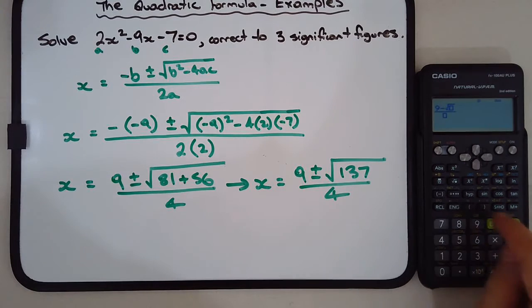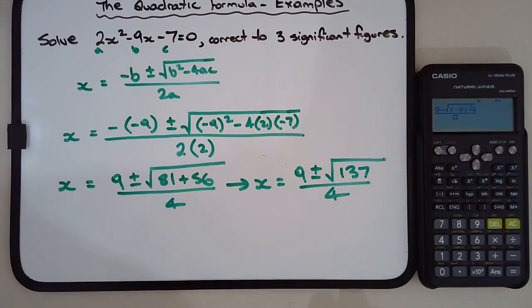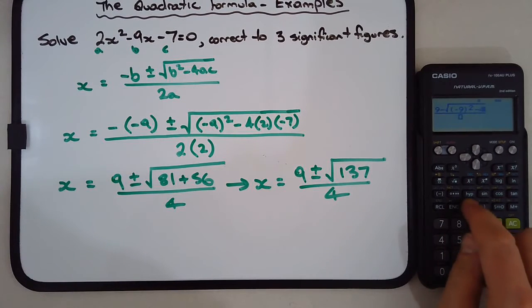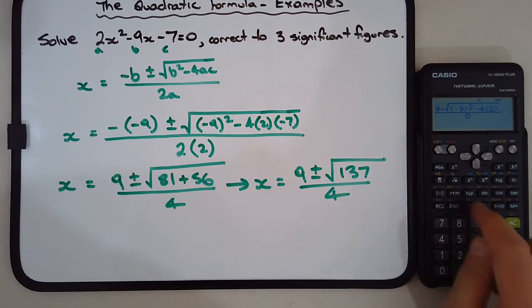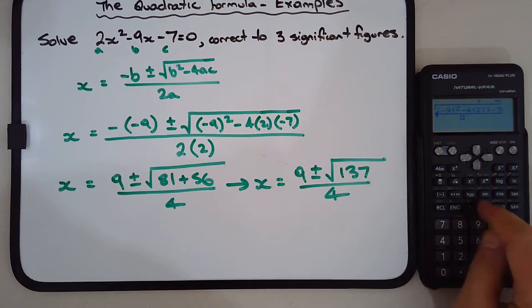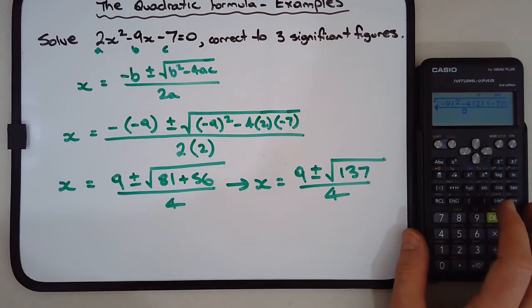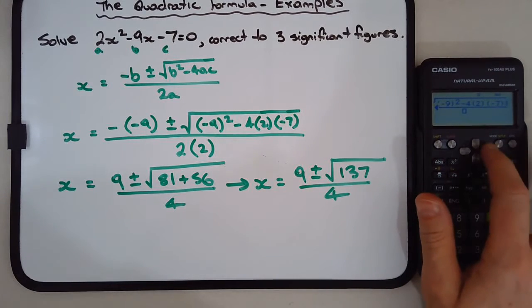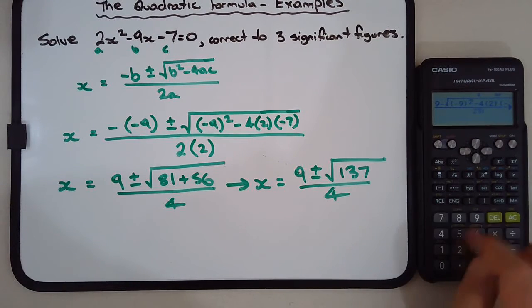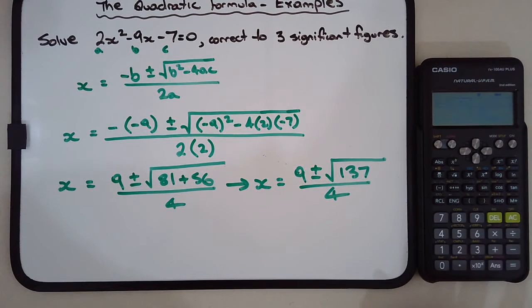Negative 9 all squared minus 4 times 2 times negative 7. The calculator knows that when you use parentheses, it's multiplication. And that's going to be over 2a, so 2 times 2. And we get negative 0.676.